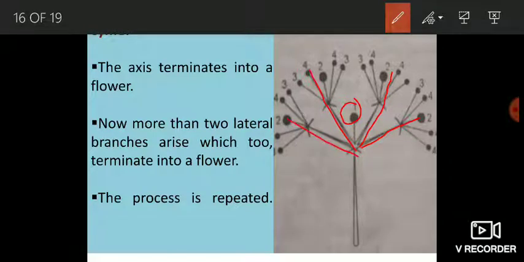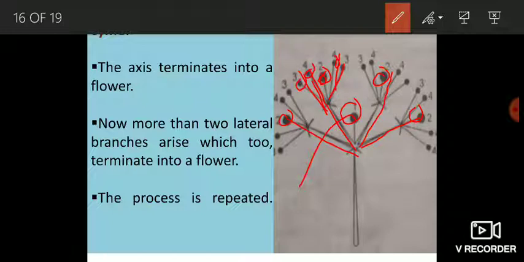The apex of all these four lateral branches which arise below this terminal flower form flowers at their apices. Now a number of lateral branches arise below each of these terminal flowers, and the apex of all these lateral branches gets terminated into a flower.